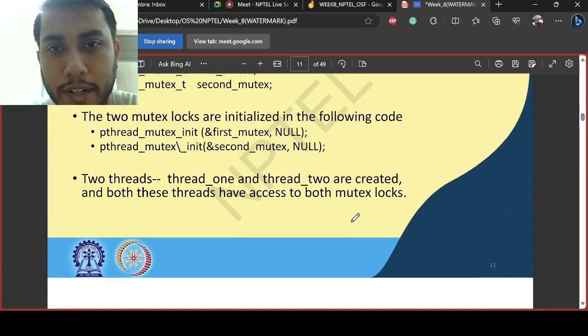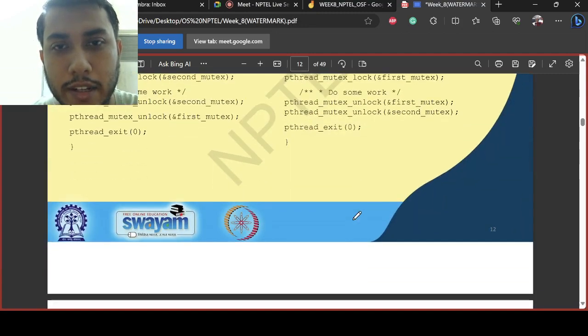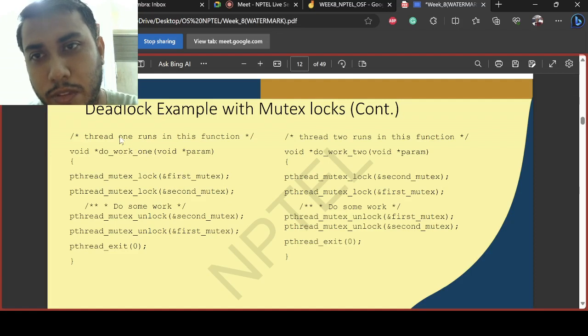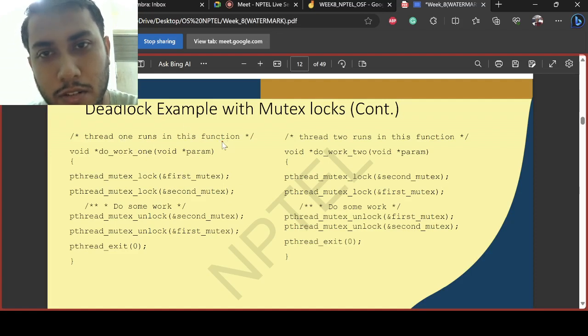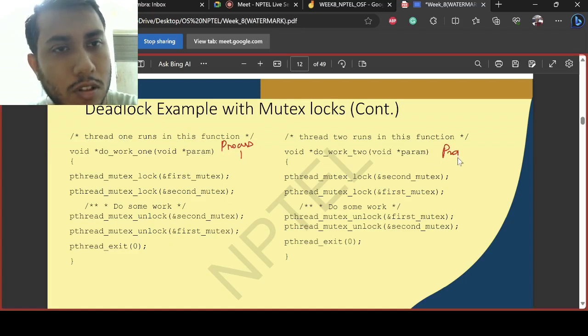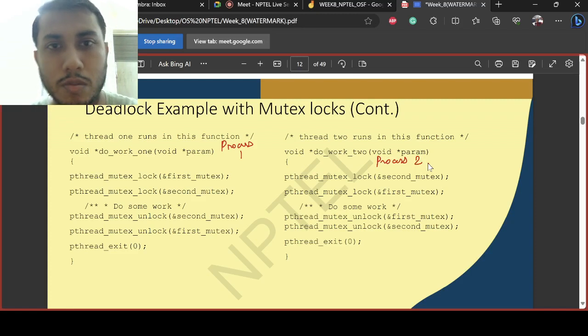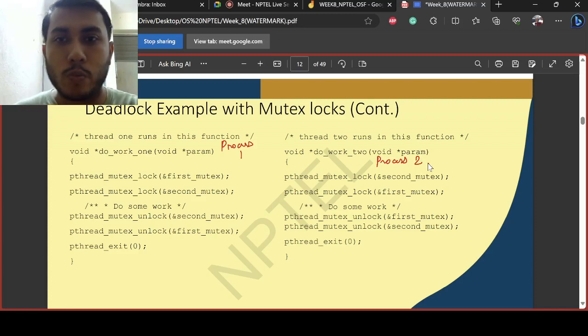So we will look at an example of deadlock, similar to what we have already seen. Let's say this is your process one, and this is your process two.